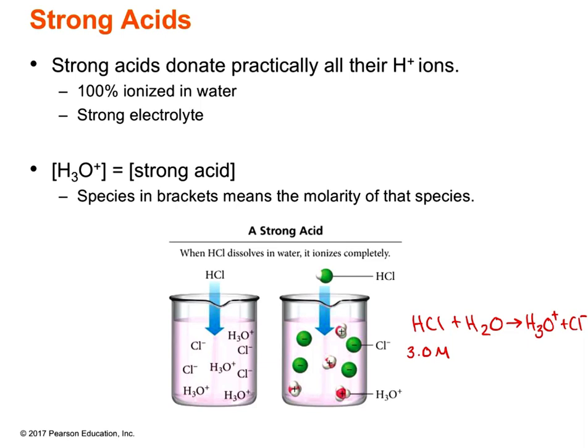And that means that at the end of the reaction, we would have 3 moles of hydronium ions per liter of solution. So up above, we see that the concentration of a strong acid is also going to equal the concentration of hydronium ions in solution. And this is going to be important later on when we start discussing things like equilibrium.